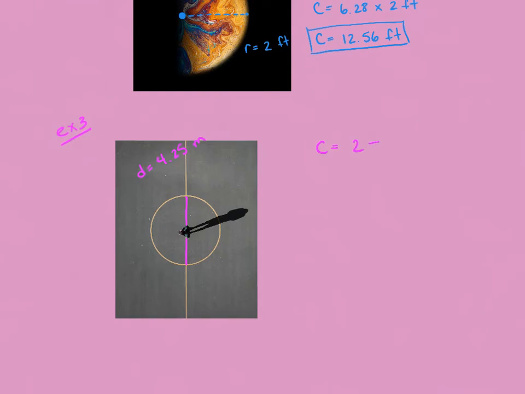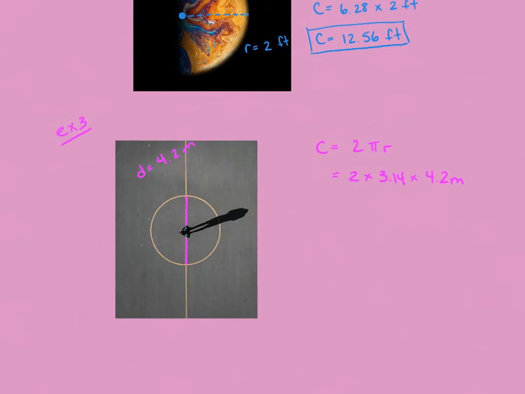Circumference is equal to 2 pi r, which means 2 times, once again, 3.14 times r. So if you have 4.25, and you know what, let's make this problem a little bit simpler for the sake of not having a really big problem right now. 4.2 meters.